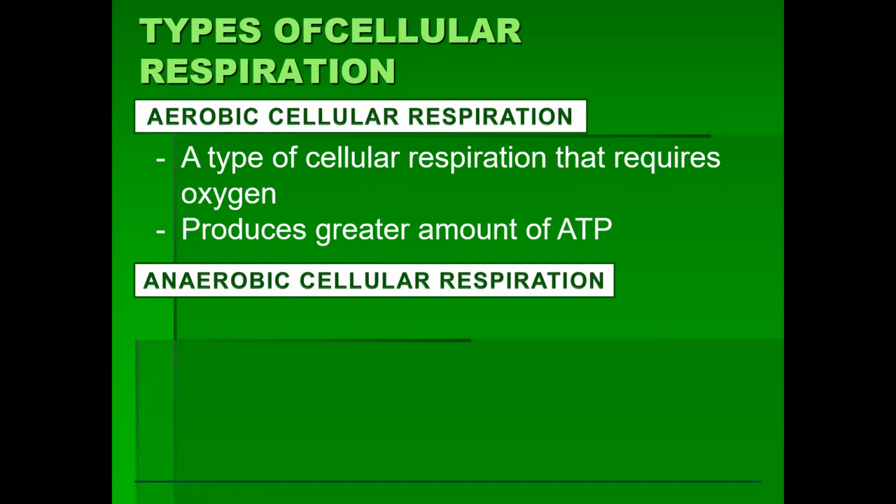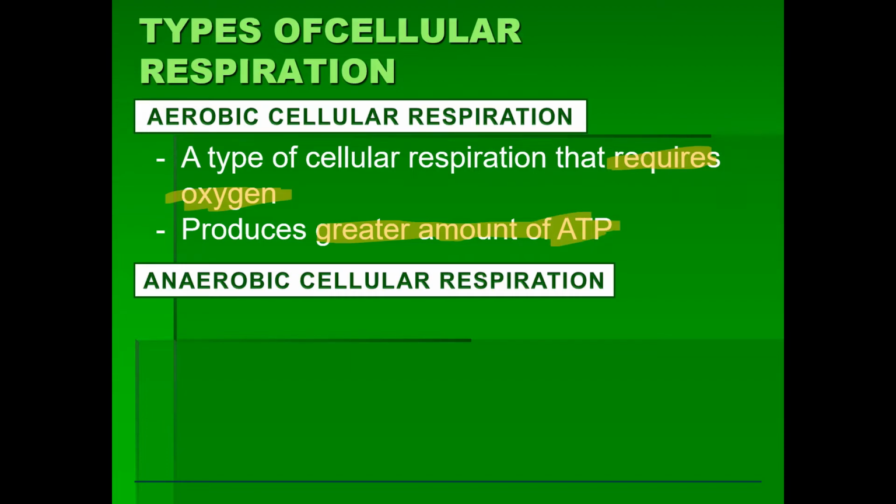Take note, the primary requirement for this to happen is oxygen. In comparison with anaerobic cellular respiration, it produces a greater amount of energy. So it requires oxygen and a greater amount of ATP.